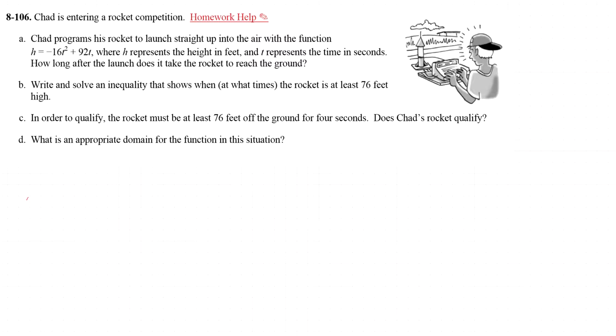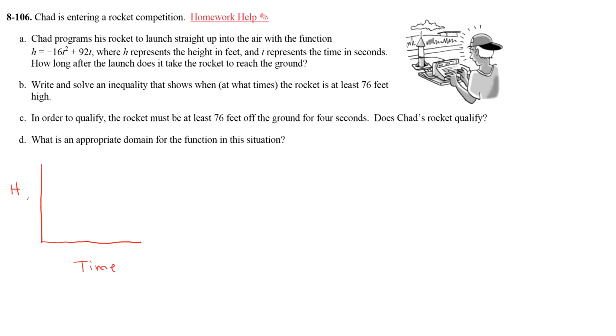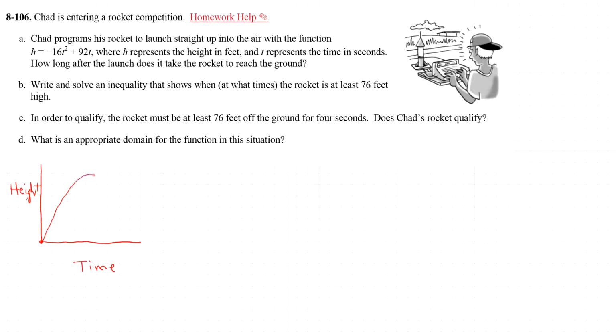Okay, so I just want to kind of get a visual. I like to make a sketch just to get an idea of what's happening. So we've got the height along the side, and we've got time along the bottom. All right. So now we're starting, and then the rocket goes up into the air. It reaches some height, and then it comes back down.